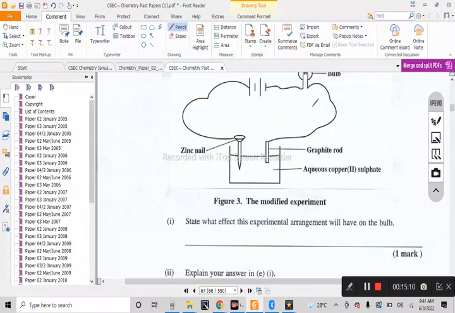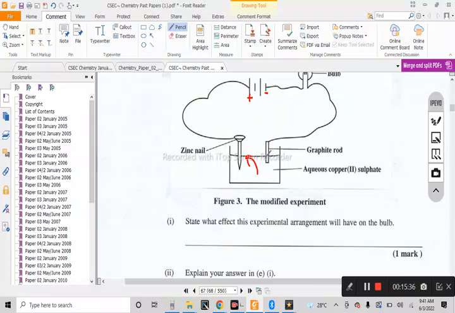The bulb would turn on because cations go to the cathode and anions go to the anode here. So this is the positive. The big one means positive, the little one means negative. Are you clear? Good. So make sure you say this is the anode and this is the cathode. Anions go to this zinc electrode, lose electrons and flow around the circuit.